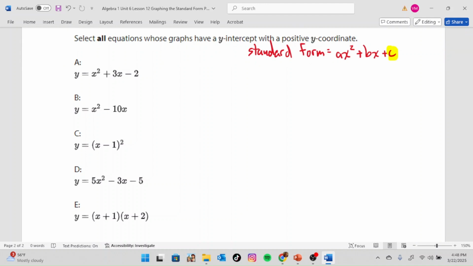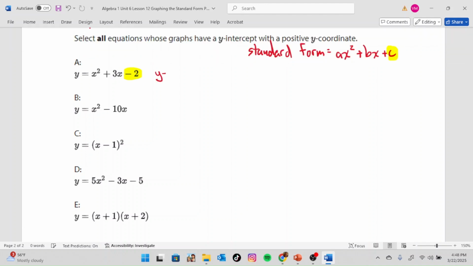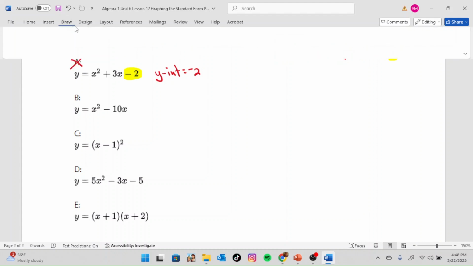So as we look, A is in standard form. The y-intercept here is -2. We wanted a positive y-coordinate, so A is incorrect.